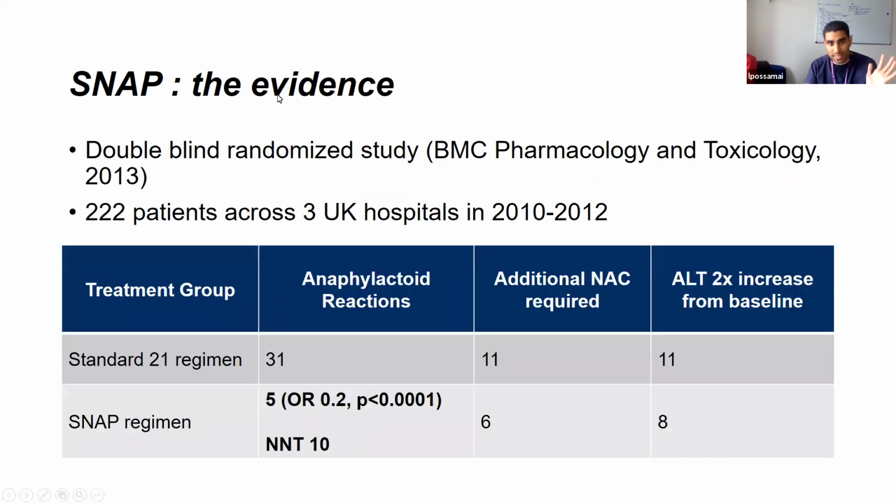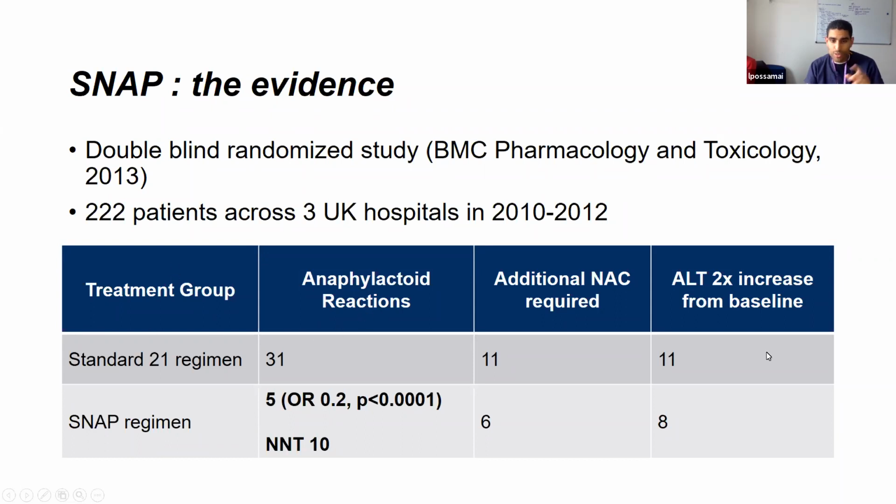But is that really obviously the case in clinical practice? So they took their regimen and trialed it in a double-blind randomized study of over 200 selected patients from the Infirmary Edinburgh, the RVI Newcastle, and St. Thomas's.